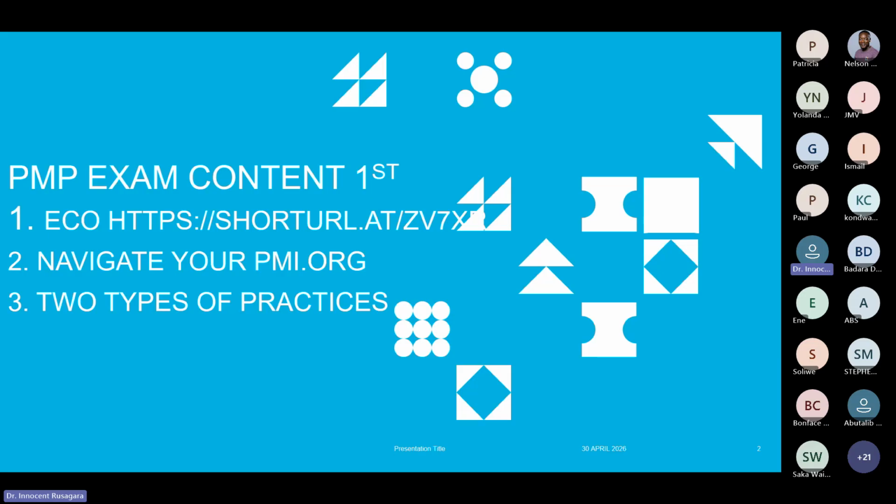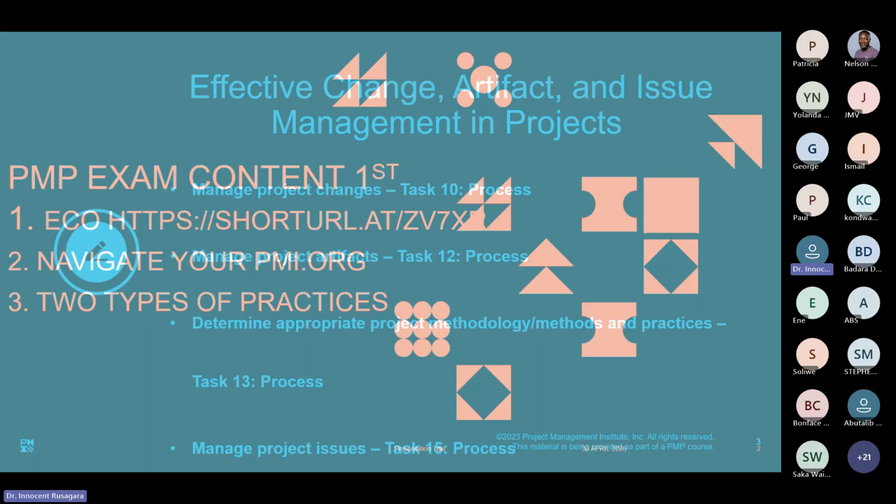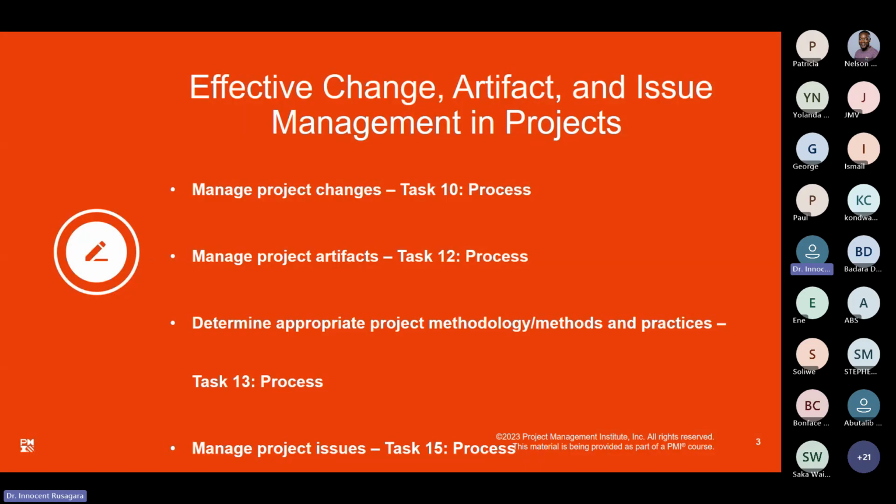Another thing, you have to schedule an exam as quickly as possible. When you take more than 3 months, you start to lag behind. Why? There is what we call the effort time and elapsed time. So in 3 months, it is the elapsed time. So what is the effort time?